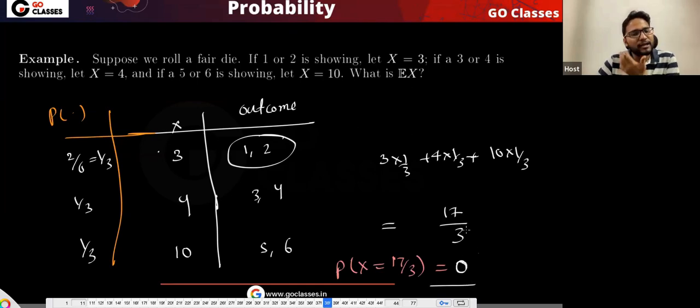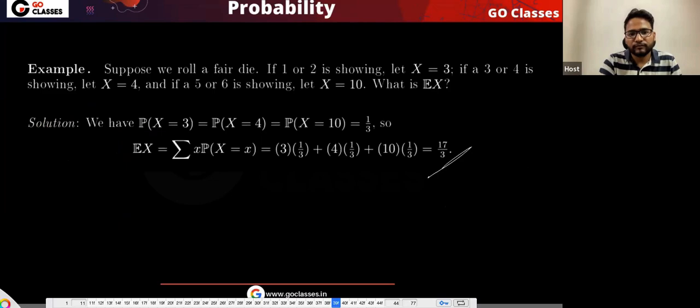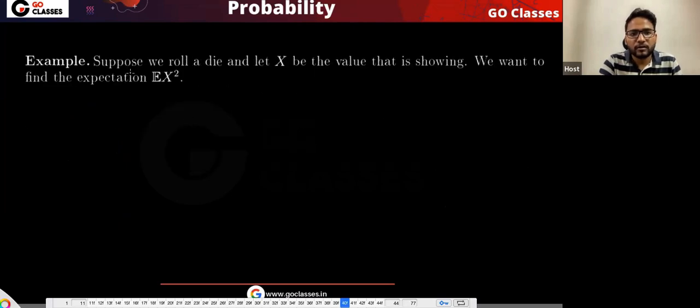So x can never take this value. It is just an average value, which means if you run this experiment enough number of times, sometimes you may get 10, sometimes 3, sometimes 4, but if you take the average, you will be getting 17 by 3. Okay.